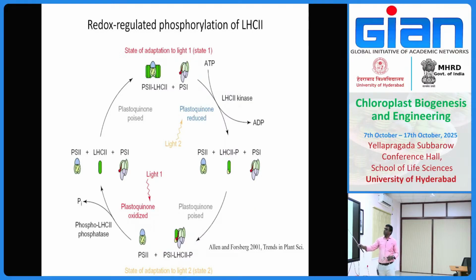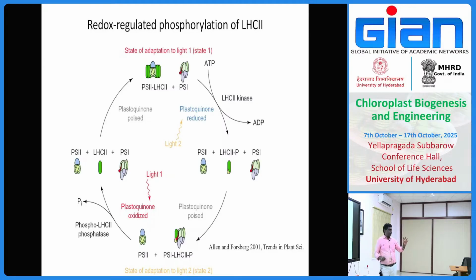The kinase of LHC2 gets the phosphate group attached. This phosphate group is now poised here. That means they get together and become photosystem 2. Poised means LHC2 is always associated with photosystem 2.